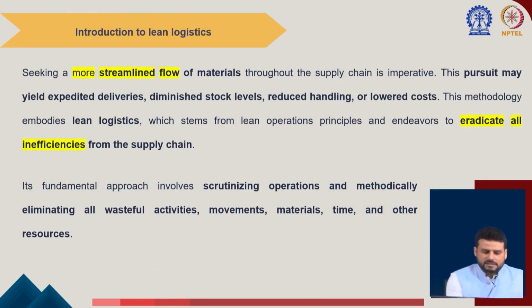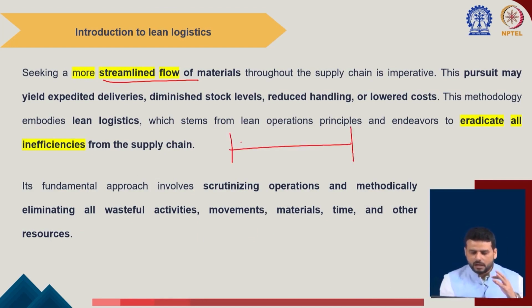So lean logistics is to streamline the flow of material, right. So streamlining means, let's say this is the supply chain, and here our raw material suppliers are there, and this is the production line, so many different stages are there, and from here we are going for the distribution of the final product.